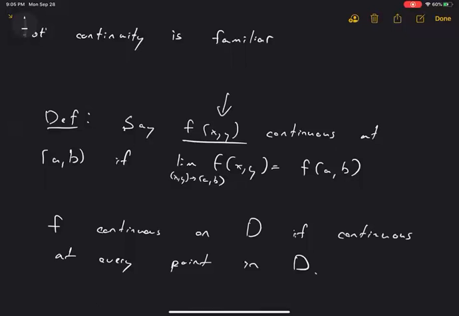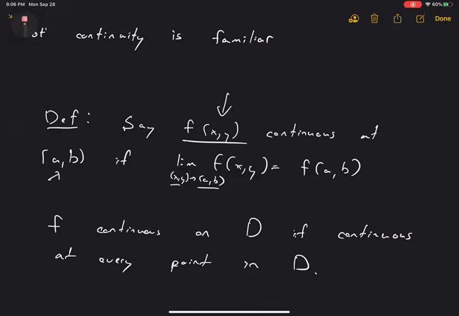Okay, so let's say f(x,y). We're going to say that f(x,y) is continuous at the point (a,b) if the limit as (x,y) approaches (a,b) of this function is equal to f(a,b).